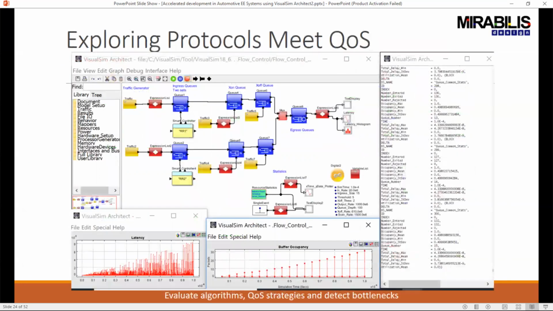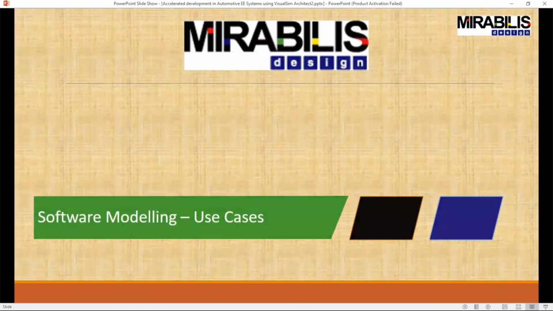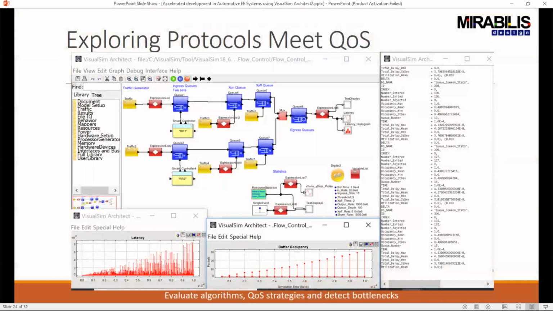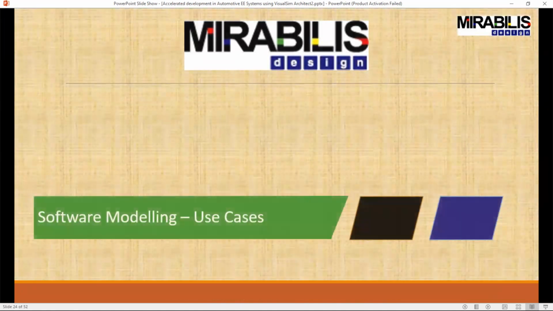In this model, we are exploring different protocols to meet the quality of service. By evaluating, let's say, whether it is a bandwidth limited or latency constrained evaluation model, we are able to determine the right protocol that should be used to meet the quality of service.